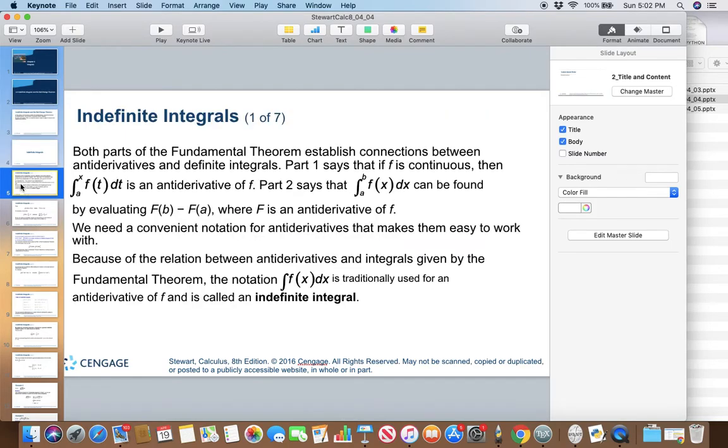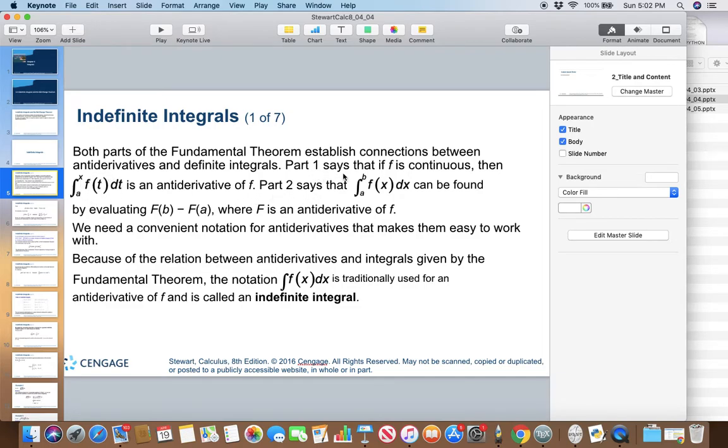All right, indefinite integrals. Both parts of the fundamental theorem establish connections between antiderivatives and definite integrals. If you remember, definite integrals are integrals where you have a number here and a number here. A number here and a variable here is okay, but that gives you a function.